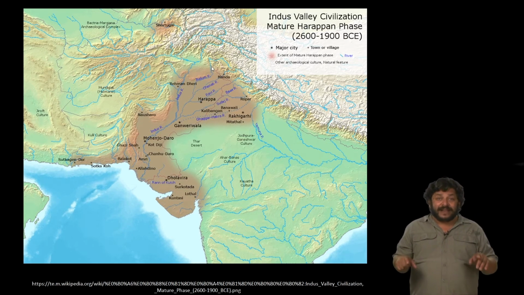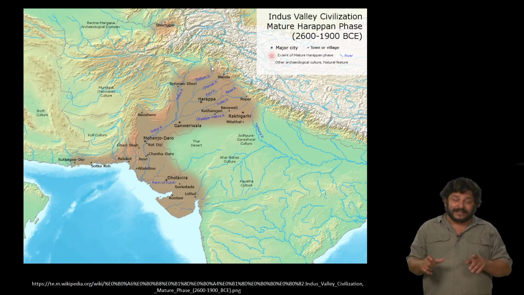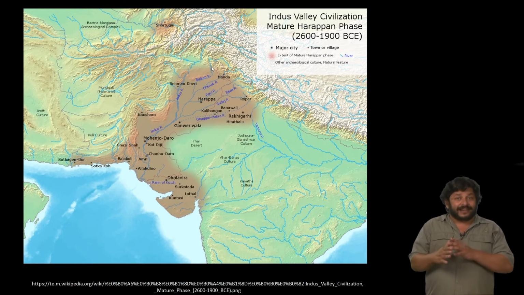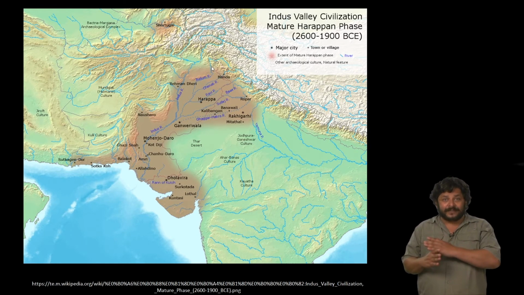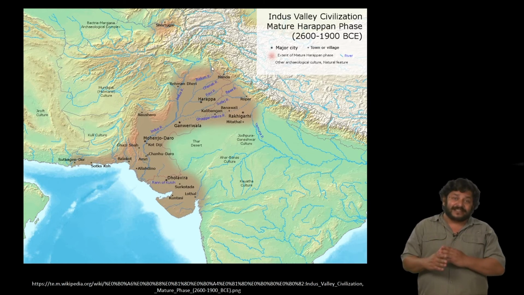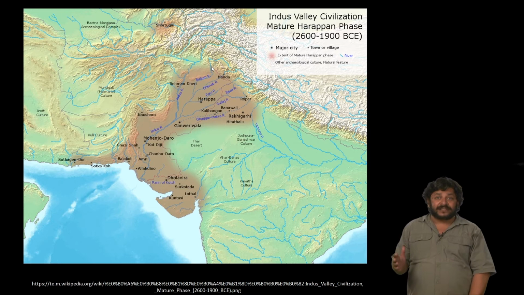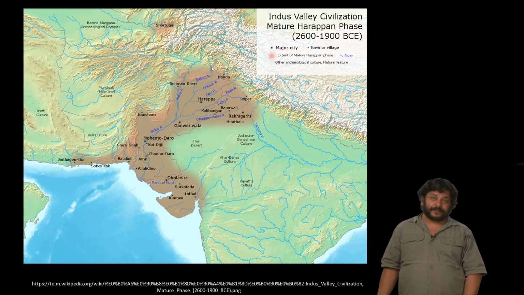They construct big urban centers in bricks. The bricks are of uniform measurements. Most of the layouts are gridiron, which is to say streets are laid at right angles to each other, and you have very sophisticated systems of drainage and sewage in all the cities of the Indus.